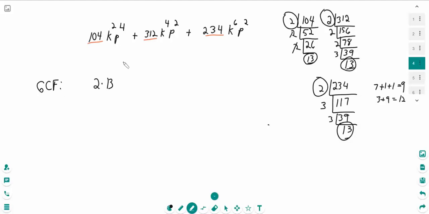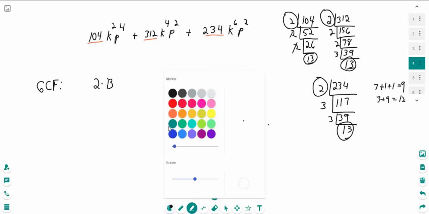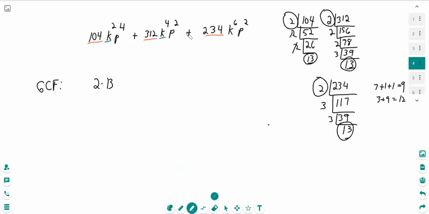Now we have to hit the variables. So this one has a k, this one has a k, this one has a k. So we know a k is going to be in here. To what power? Well, we have a 2, we have a 4, and a 6. So the most we can pull out is a 2, because that's the most that'll fit into all three of those. And then we have a p, and we have a p, and we have a p.